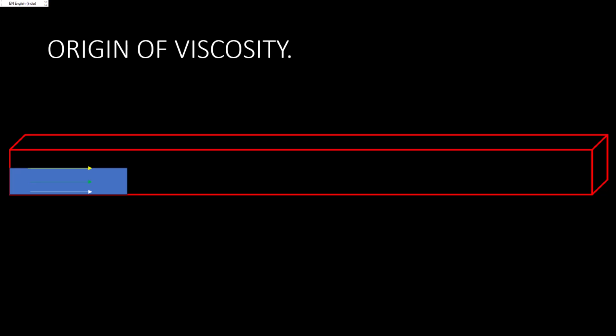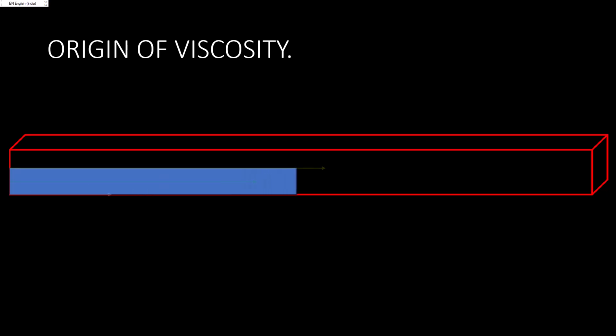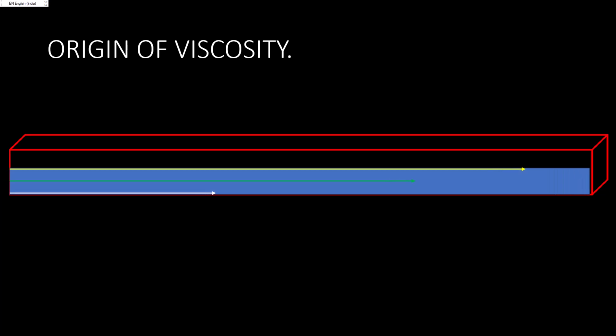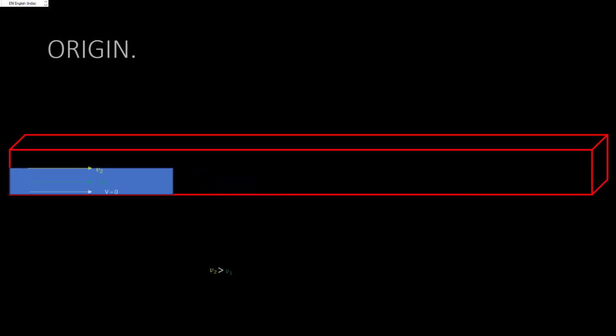Clearly we are seeing the topmost layer is moving first, and the movement gradually diminishes at bottom as it is fixed. So the velocity of topmost layer is greater than its adjacent layer below it, and subsequently all the layers follow this path.